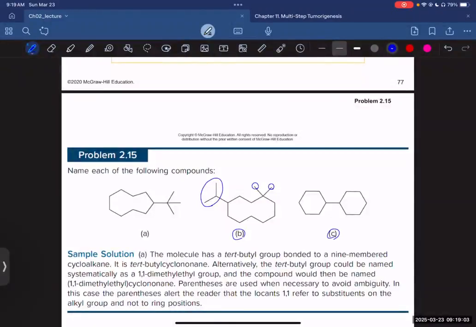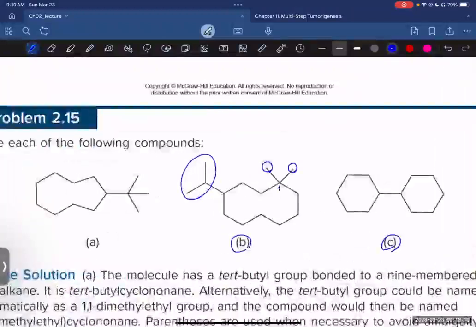It is natural to give the lowest locant number possible, so we number this carbon as 1, and then go counterclockwise, which gives the other substituent locant number 4. Looking at all the substituents, we first have 1,1-dimethyl.